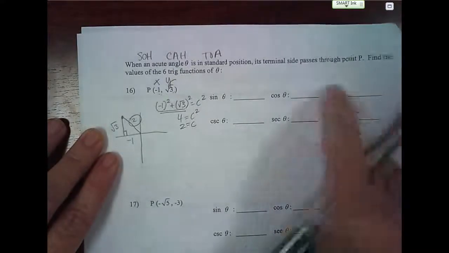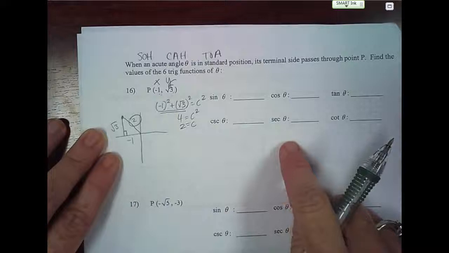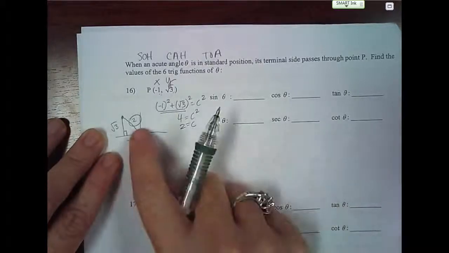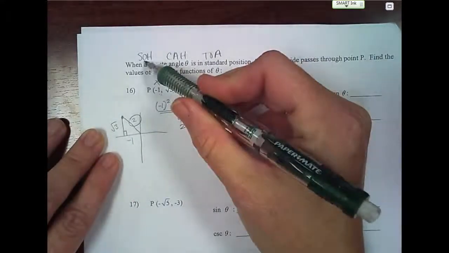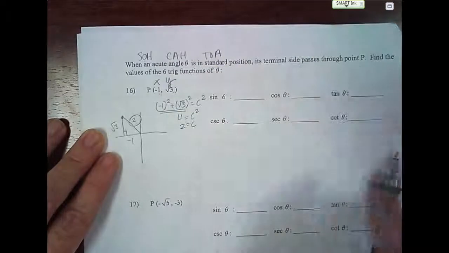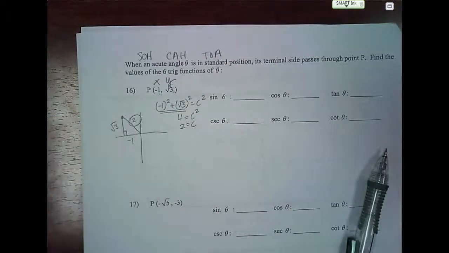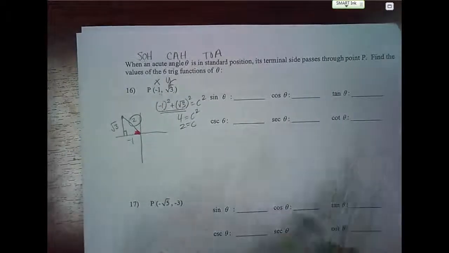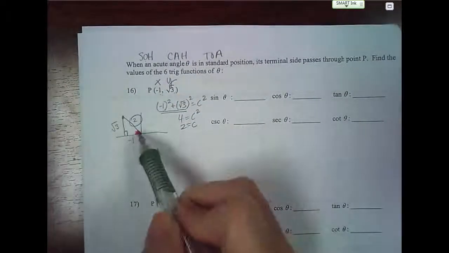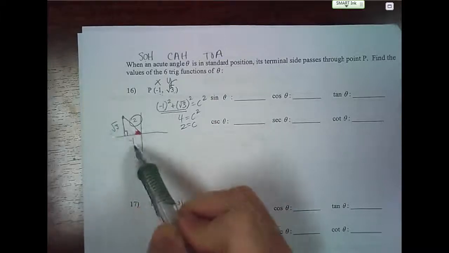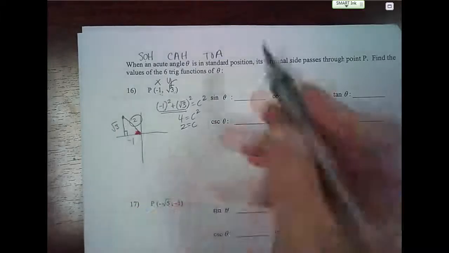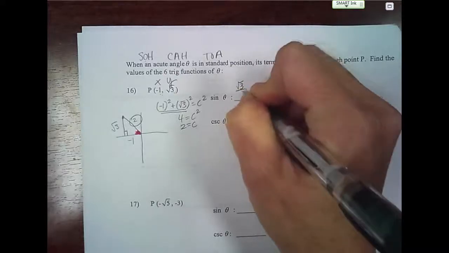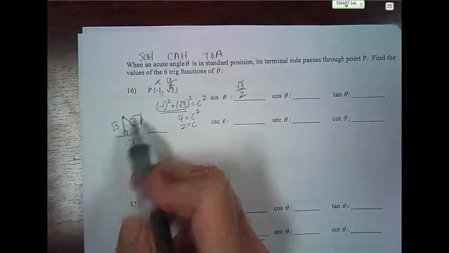Now on these, I'm just going to do some of them just for time. So if I want to find sine, sine is opposite over hypotenuse. I'm talking about opposite of the reference angle, this angle. So if you want to find the opposite, you go from here, opposite. Remember, x is always adjacent, so this is the opposite. So root 3 over 2, the hypotenuse.